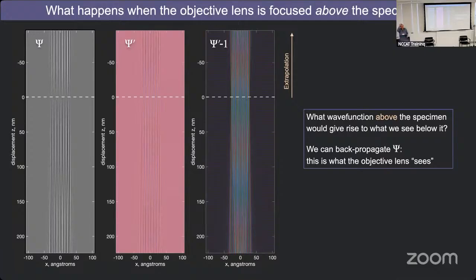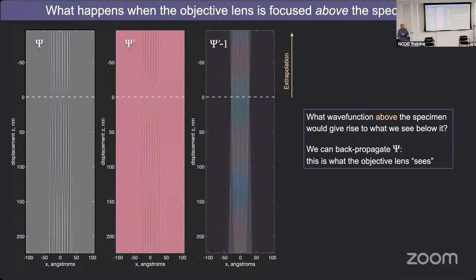focus above the specimen. Well, the objective lens doesn't know that there's a specimen there, and as far as it knows, the wave fronts that it's seeing just came from infinity above, and so we can model what happens if we focus above the specimen by just extrapolating the waves back above the specimen.